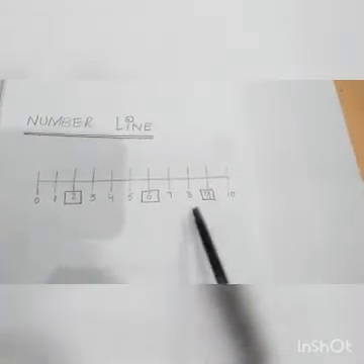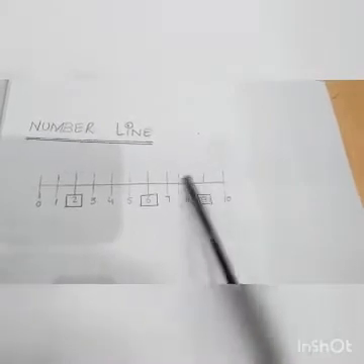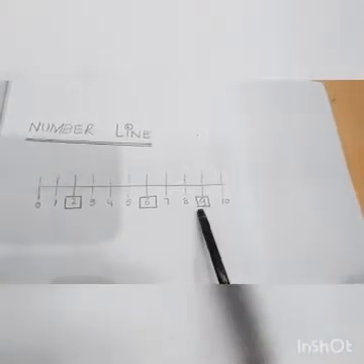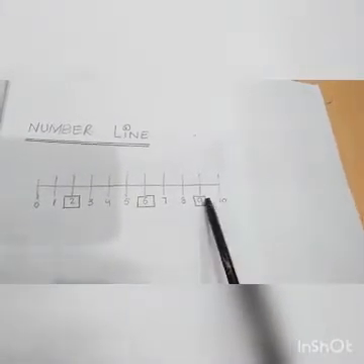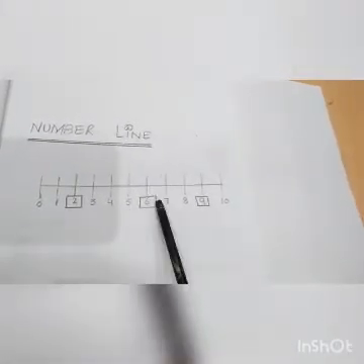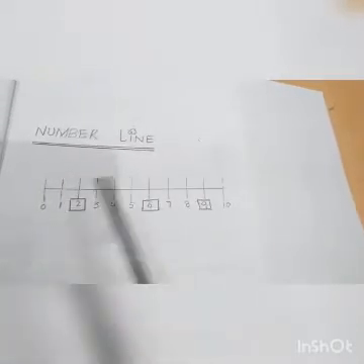Okay. 9 is on the right side of 2 and it means 9 is greater. It means 9 is the greatest. Since 6 is on the right side of 2, it means 6 is greater than 2.